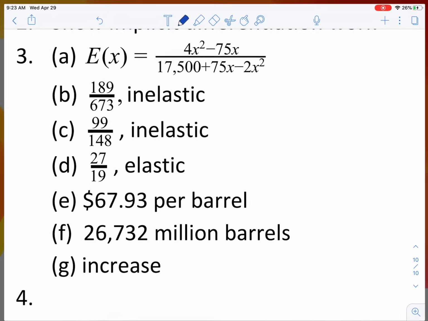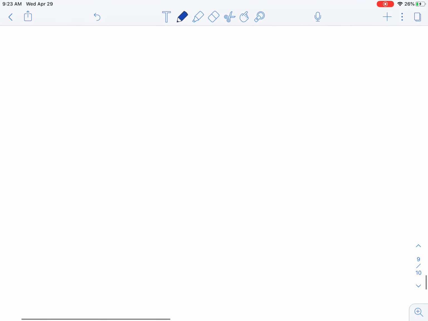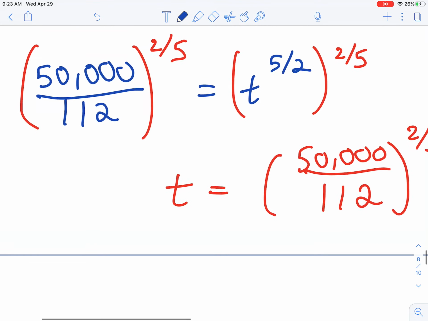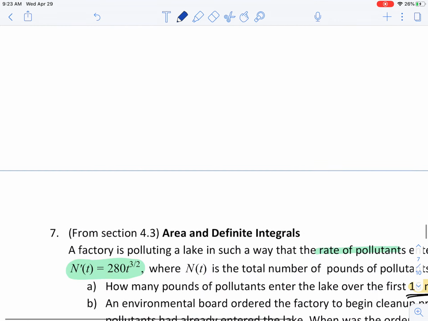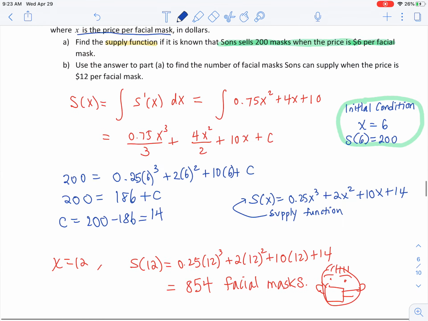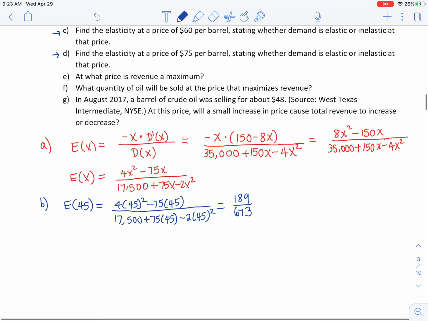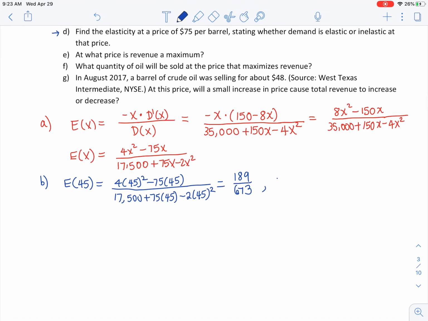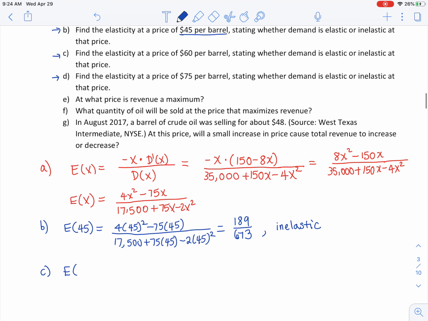So because that number is less than 1, you simply have to tell them it is inelastic. Sorry, I just have to keep jumping because I want to make sure that the key that I typed up last week is all correct. And so far it is. So say this is inelastic, and it's because it is smaller than 1.